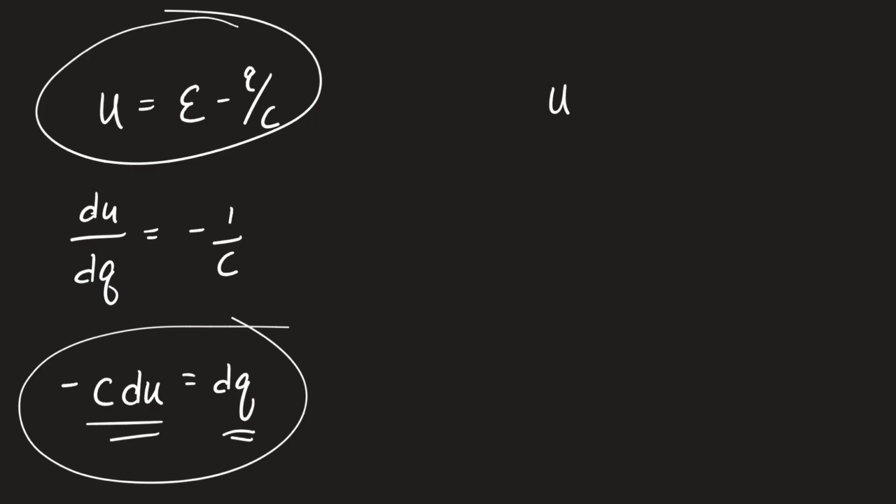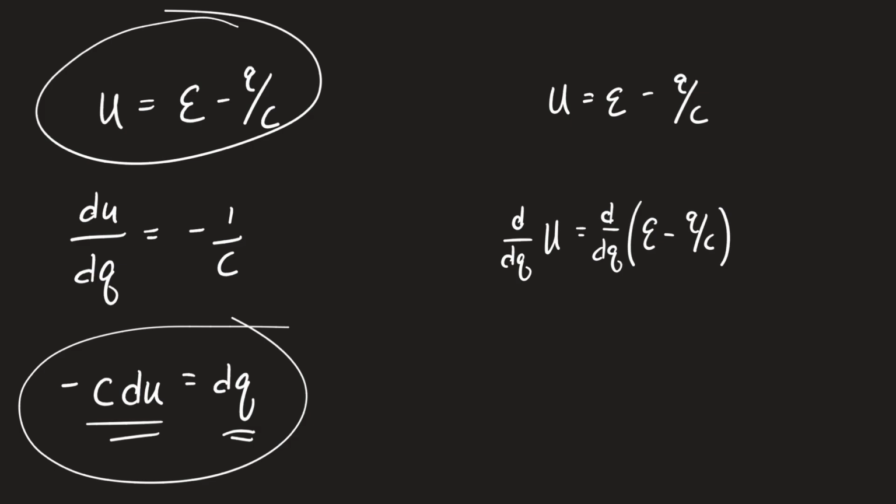What I did here, and I have a few more minutes now so I can be a little bit more careful, I took the derivative of both sides of the equation with respect to q. What that looks like is d/dq of u, d/dq of everything inside here. And I wasn't specific. I wasn't careful. I just did it real fast. The derivative is distributable.